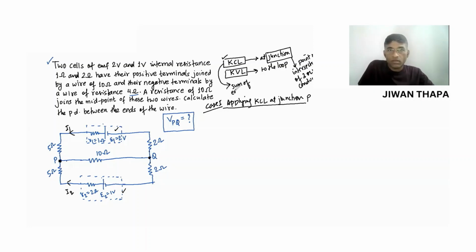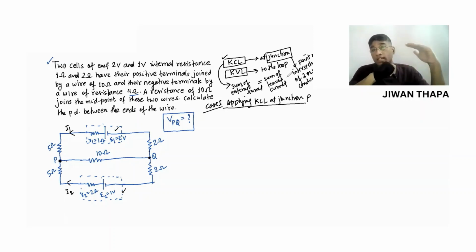The sum of entering current is always equal to the sum of leaving current. That is, the sum of current entering the junction is always equal to the sum of current leaving the junction, or in short we can write the total current at a junction always equals 0.